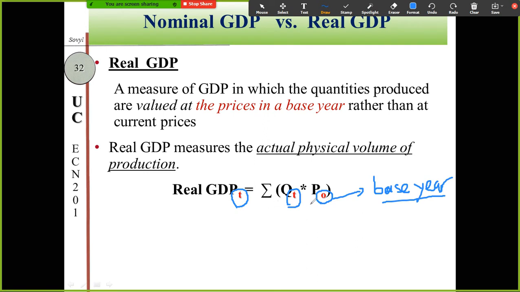That's why T changes, but 0 never changes. So to find real GDP, at year T you need quantity from year T multiplied by P of the base year. When we take Q multiplied by P, this is market value.